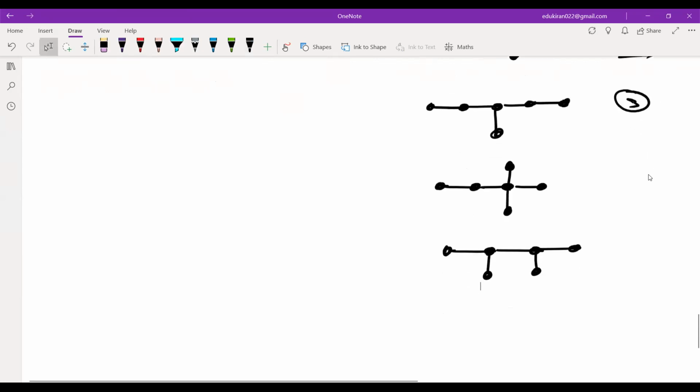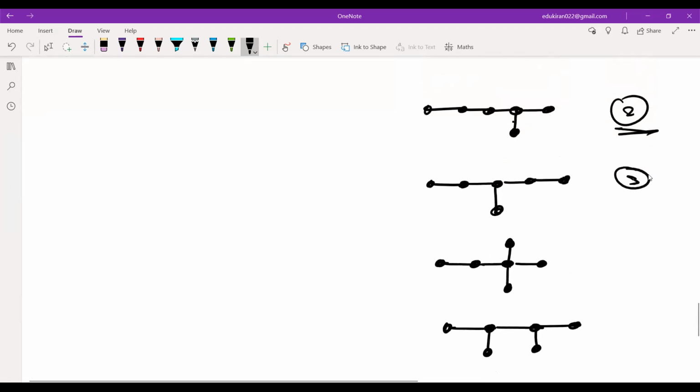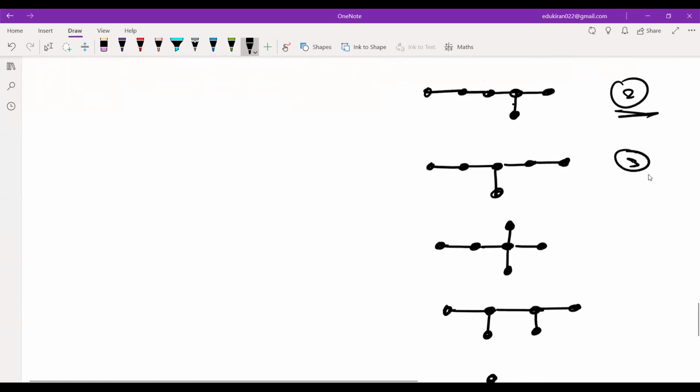We can reduce more. 1, 2. Now, in this case, if I have 2, then I will have to have here 2, 3. We have made 4 and 5.